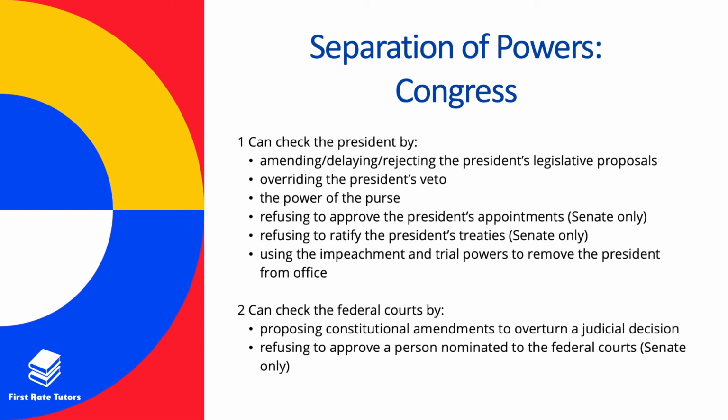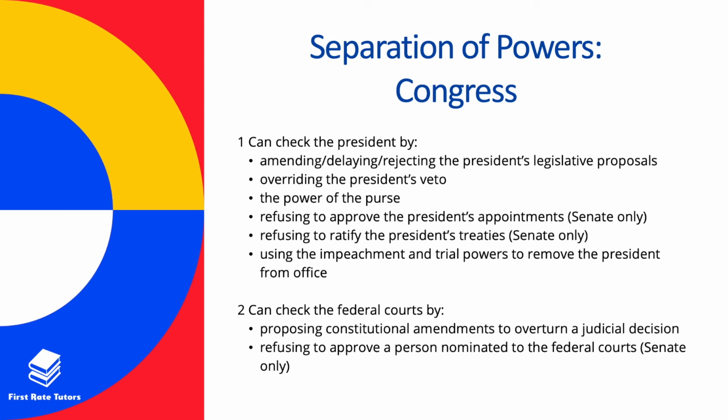Congress can use the power of the purse. Furthermore, Congress can refuse to approve the president's appointments, and this is only the Senate. The Senate also can refuse to ratify the president's treaties. And Congress can use impeachment and trial powers to remove the president from office.